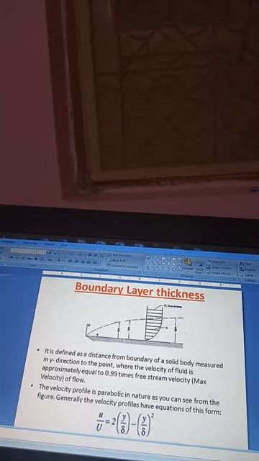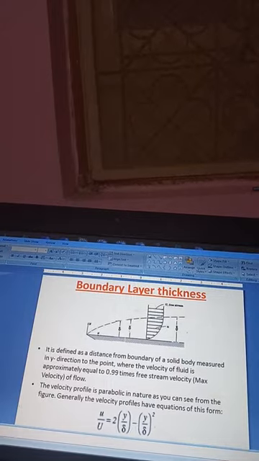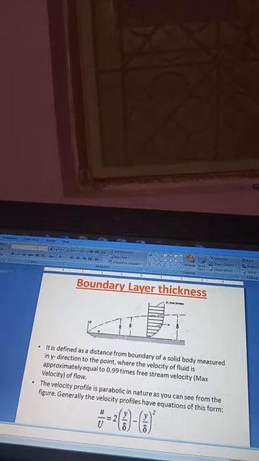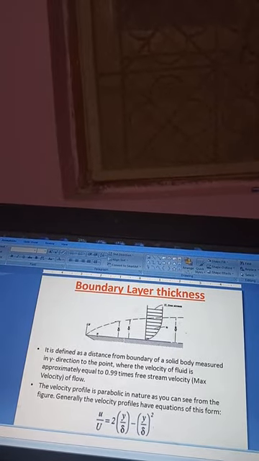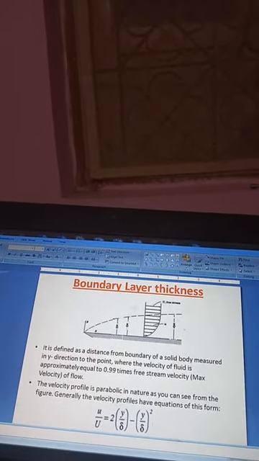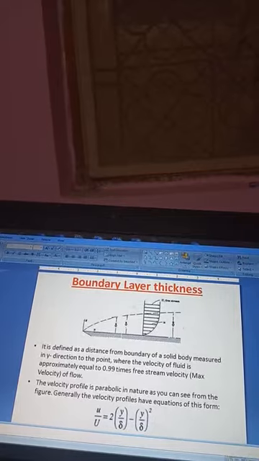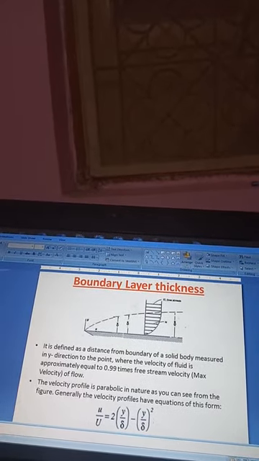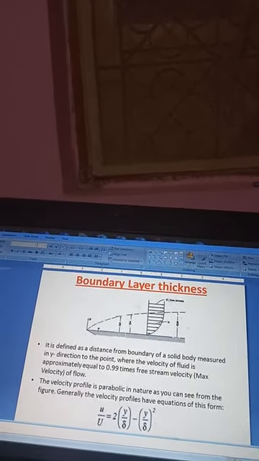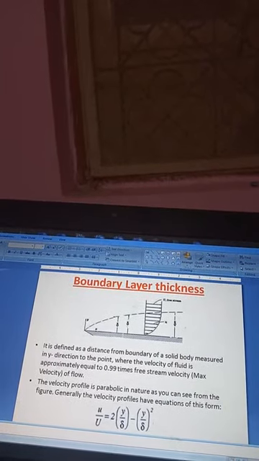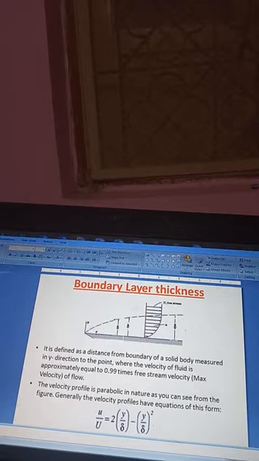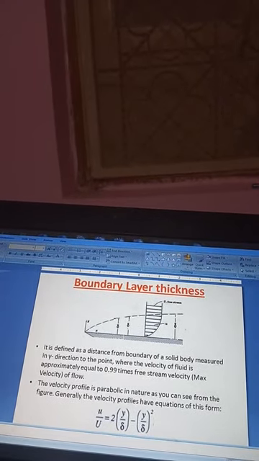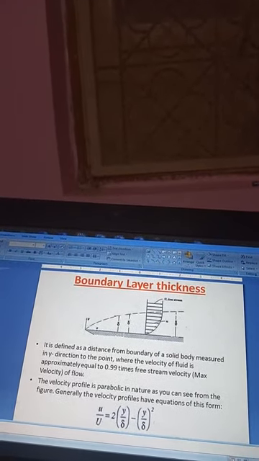Now, as we have studied, the velocity variation in the y direction is a parabolic curve, and the nature of the velocity profile is shown in the slide in front of you. It is u by capital U, that is free stream velocity, equal to 2 into y by delta minus (y by delta) square. So the equation is of parabolic nature.